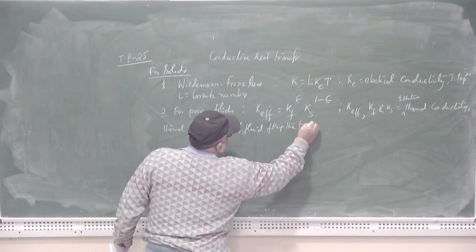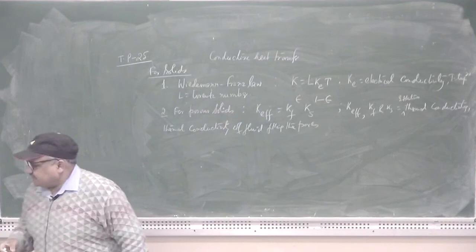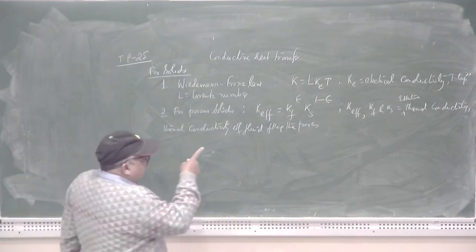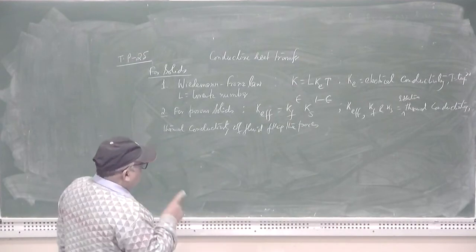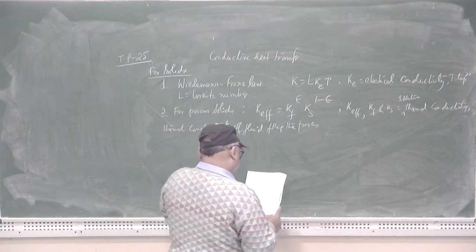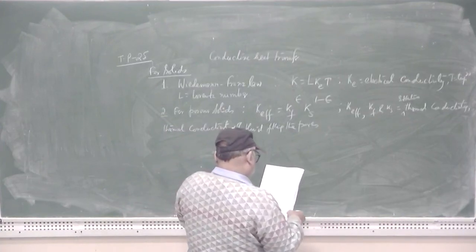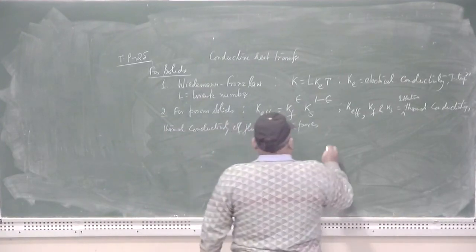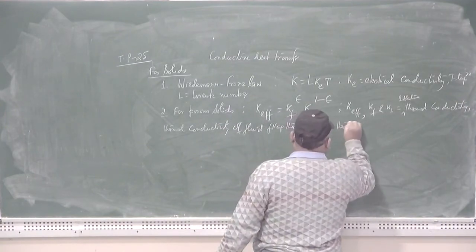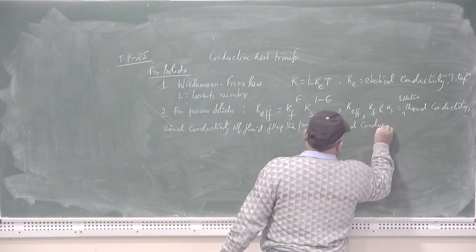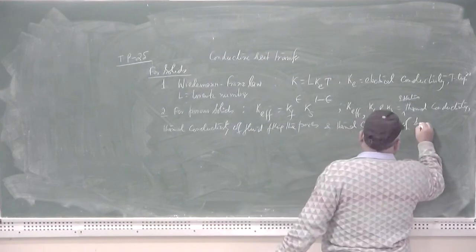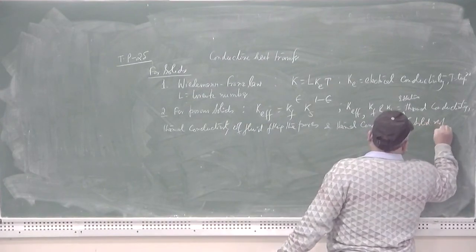That means if the material has a porous structure, then the fluid must be there in the pores. So Kf is the thermal conductivity of fluid filling the pores, and Ks is the thermal conductivity of solid respectively.